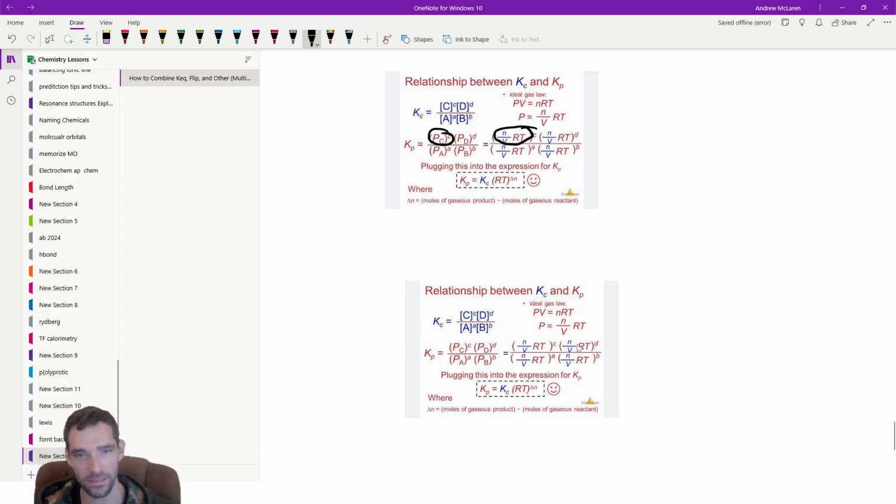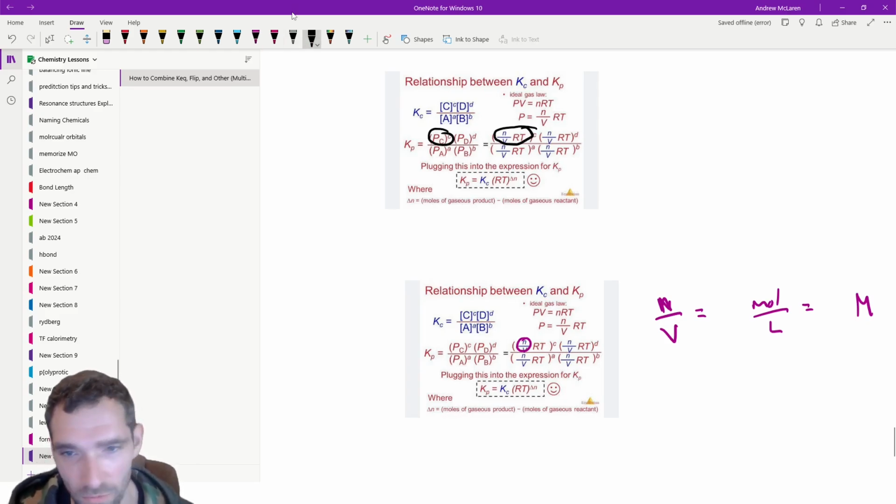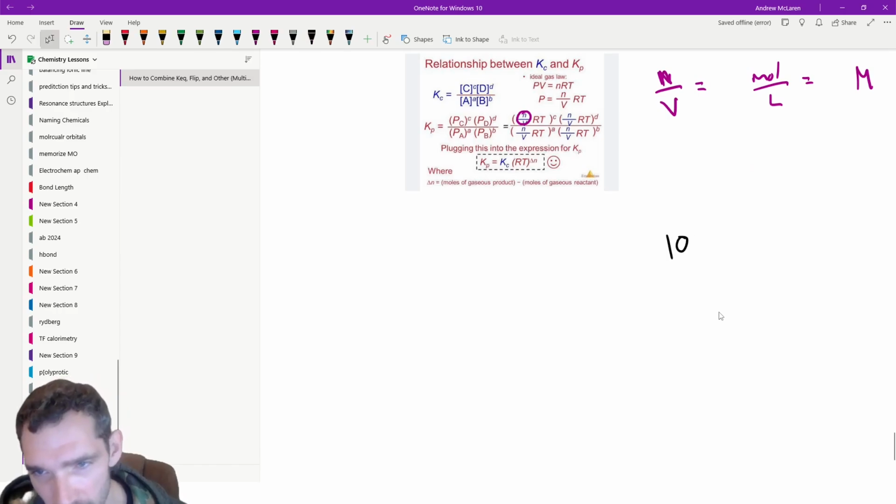N over V is concentration. You can think of that as moles over liters, which is what we're talking about when we're doing the big M. So we have a bunch of RTs up to the change in moles, because you've got C, D, A, and B. If you remember your exponent rules, if you have 10 to the third and 10 to the second, this is 10 to the 3 minus 2.